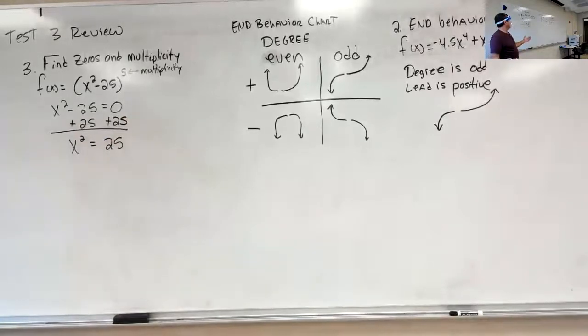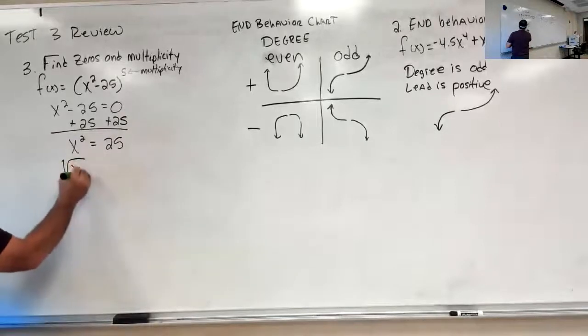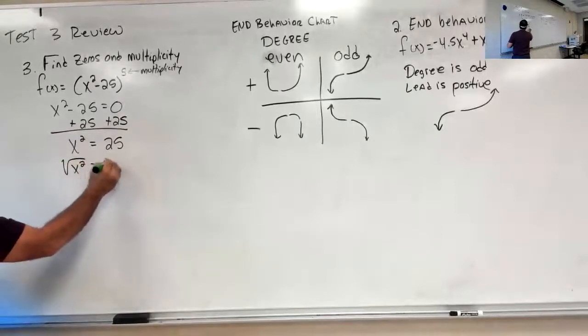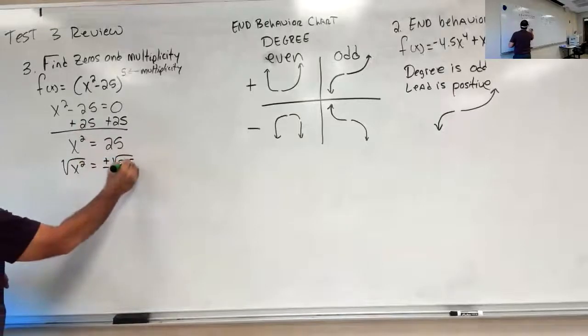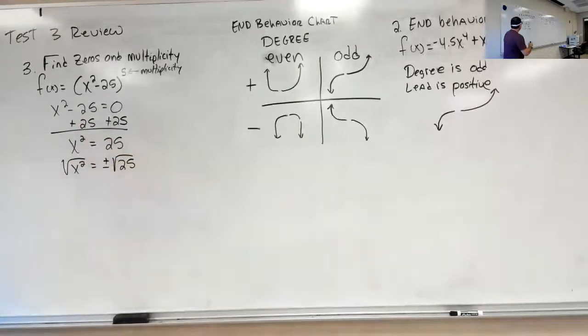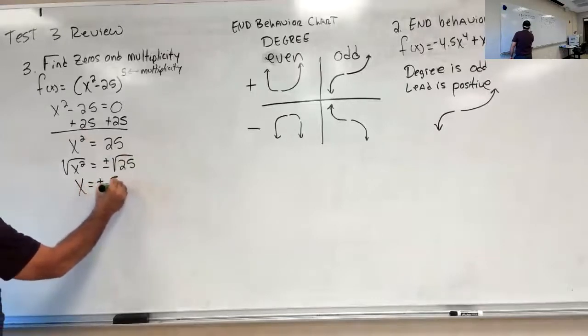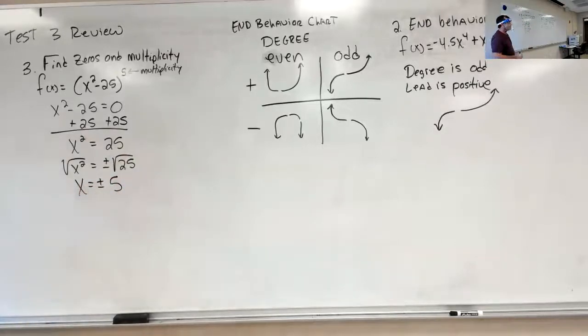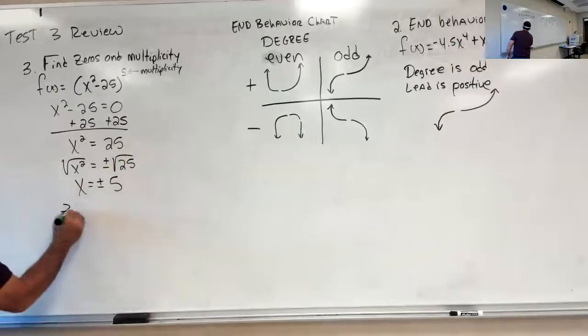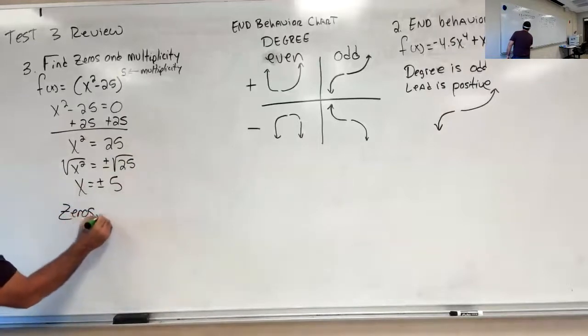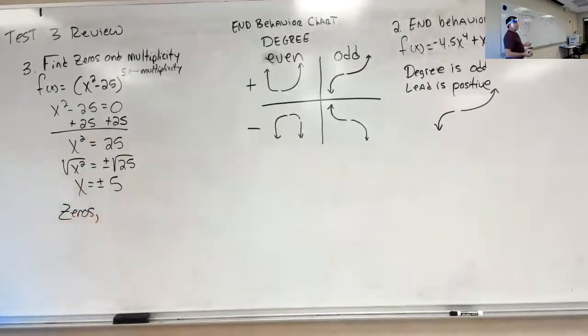A lot of people can take square roots easier than they can factor. So just remember, when you take the square root of this number, you have to put your plus or minus in there. So this will give me x equals plus or minus 5. So the zeros, now MATLAB actually lets you write them both because it gives you A, B, C, D answers.